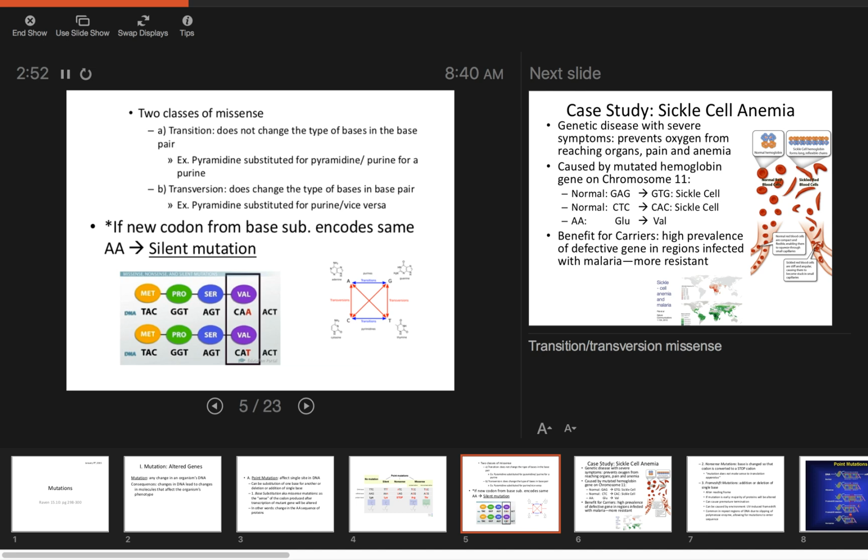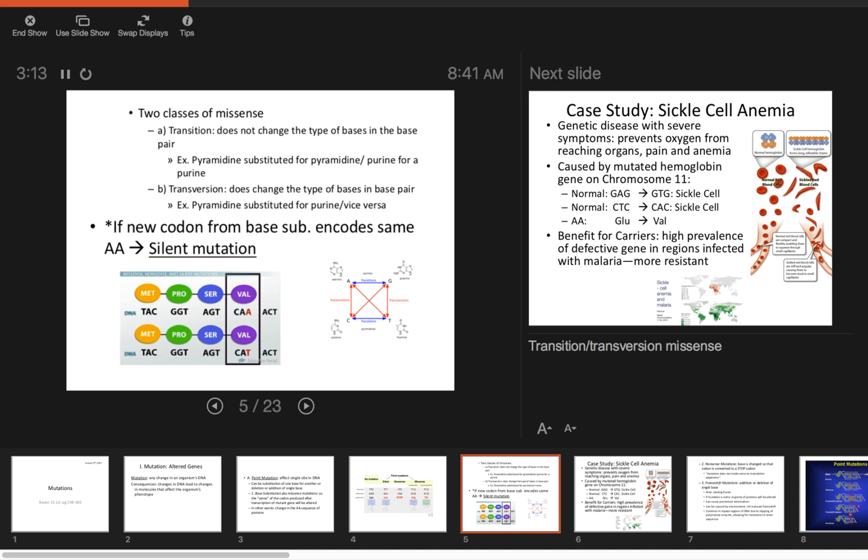T and C. Yep. So if a T turns into a C, or a C turns into a T, you have a transition. If you go from purine to purine, it's a transition. So A to G, or G to A.